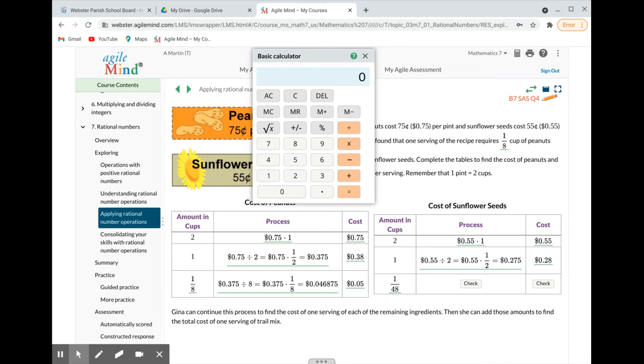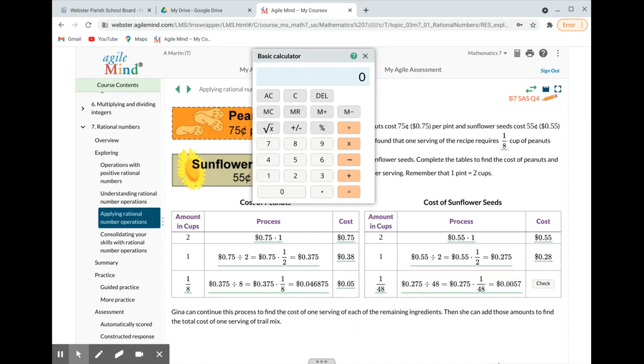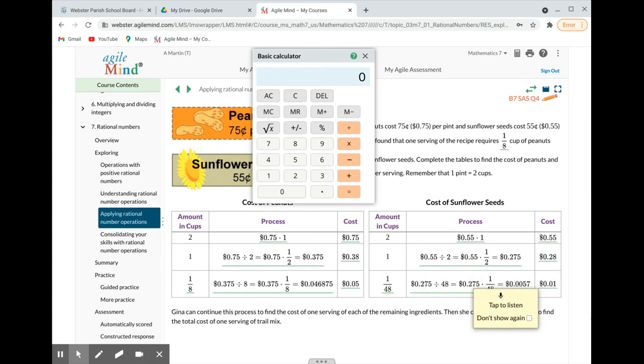We would do 0.275 divided by 48, and then that'll equal 57 ten thousandths. And then that'll equal 1 cent. Yeah, it's going to be 1 cent. You're right. Good job. Does anybody have a question for Haley on that one?